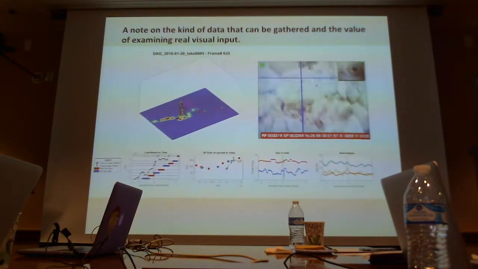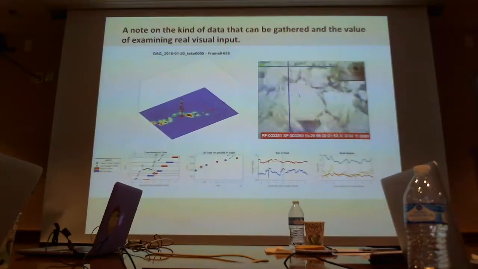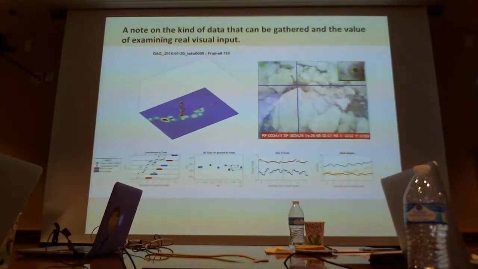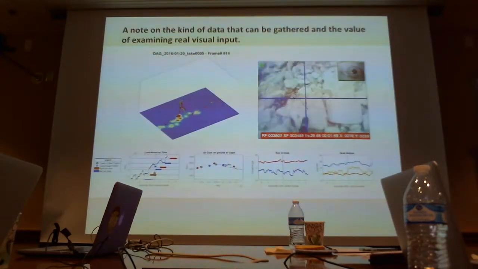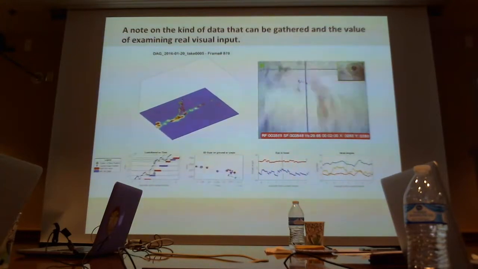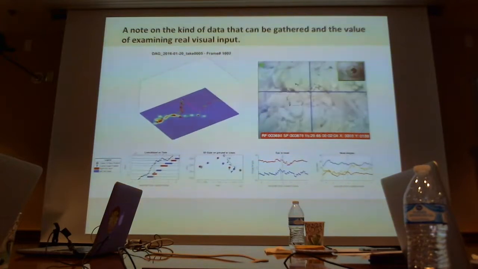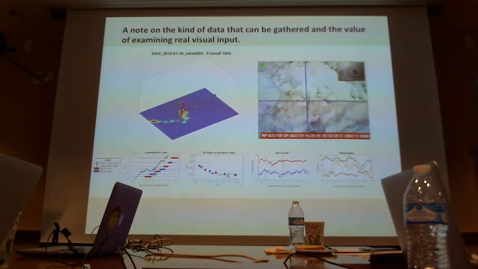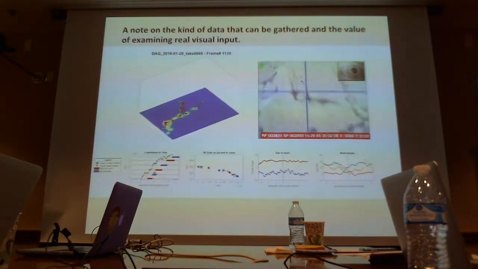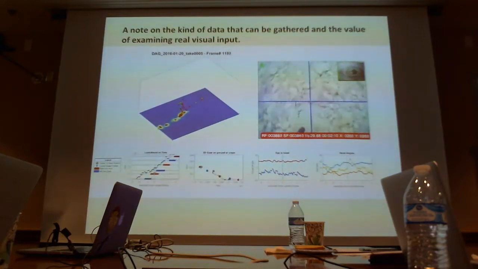This is looking down from a bird's eye view. You've got the eye on the head, you've got the head on the body. So there's a very rich data set that is right for interesting analyses, like how much do you move the head, how much do you move the eyes, and how good is the vestibulo-ocular reflex, and all kinds of things like that.